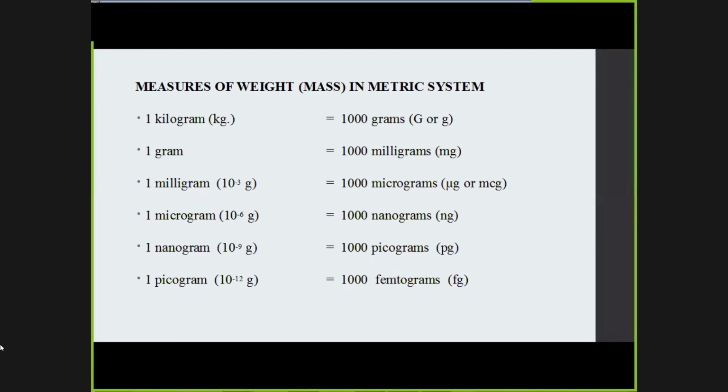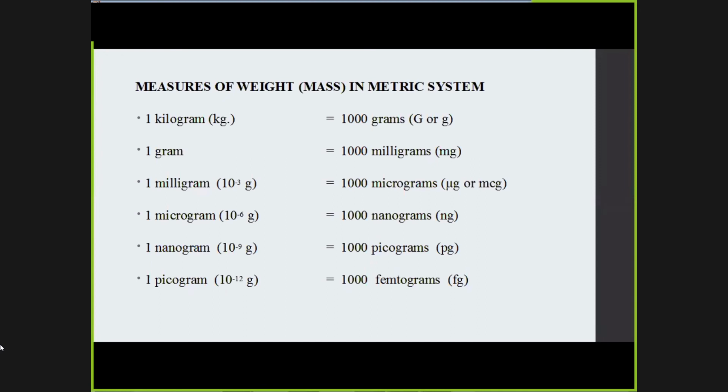Coming on to the next competency which will be covered today, understanding different measures of weight. You all have gone through these conversions. This is just a quick recap of conversions, and these measures will also be seen as domestic measures in the next slides.